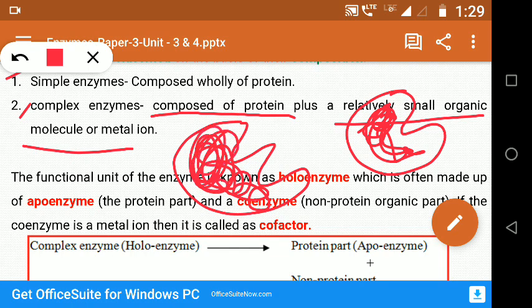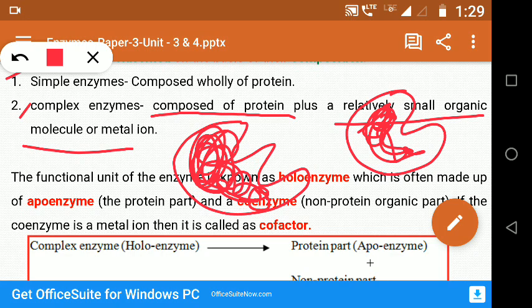This is a protein part which contains the required amino acid sequence. But in most of the cases, this protein structure is not enough to carry out the complete enzymatic reaction. It requires some assistance by some organic molecules or some metal ions also. Suppose we take an example of hexokinase.